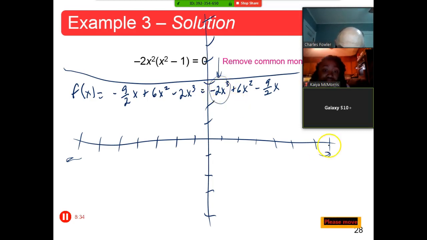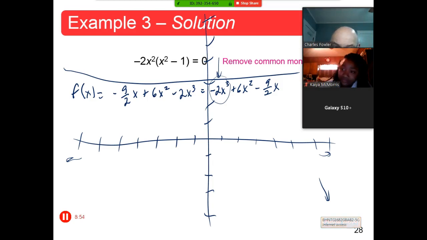So 10 is way out here somewhere. When you cube it, it's 1,000. But then when you multiply it by -2, it becomes -2,000. That's going way south. For a large positive value of x, you get a very large negative in y. Does that make sense?